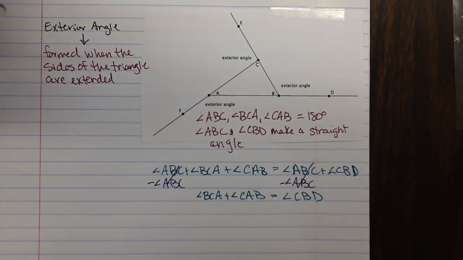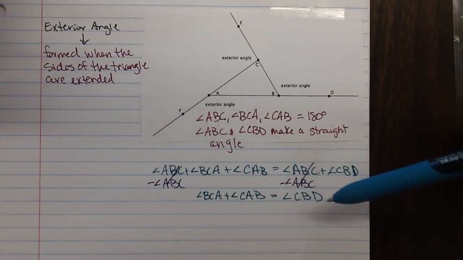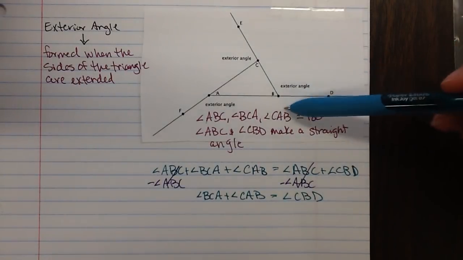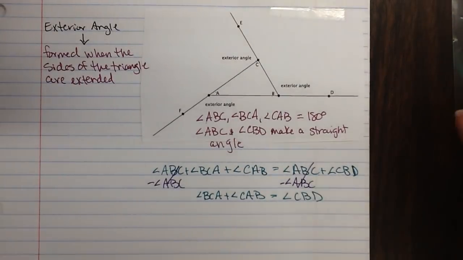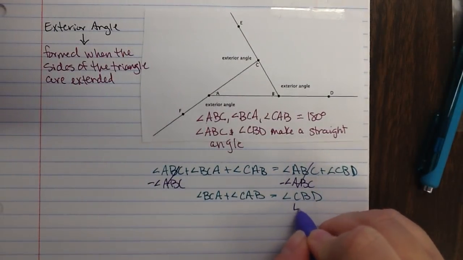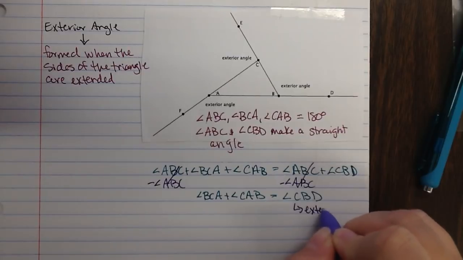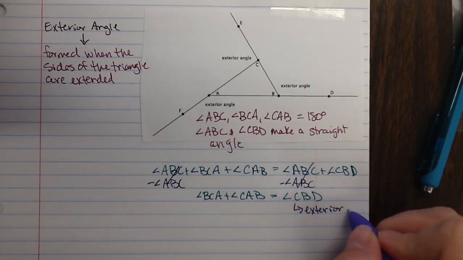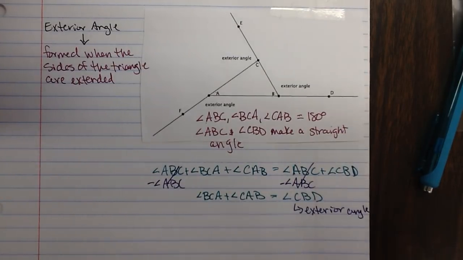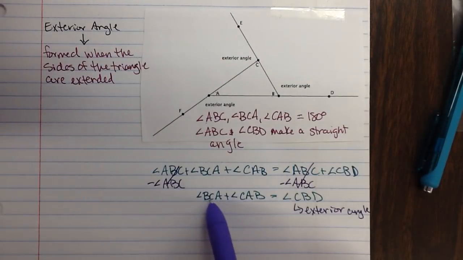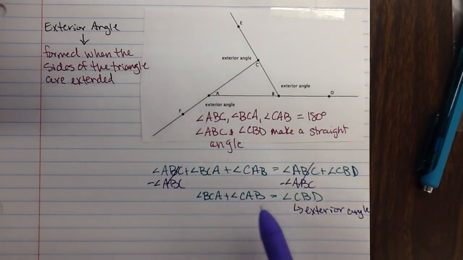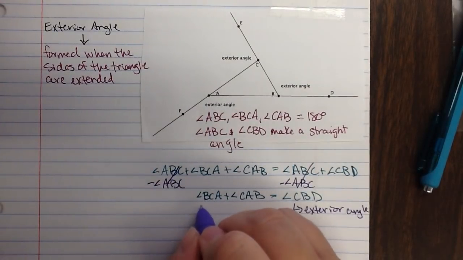And what kind of angle is angle CBD? That is an exterior angle. So I'm going to throw that in here. This is an exterior angle. And these two, we call them remote interior angles.